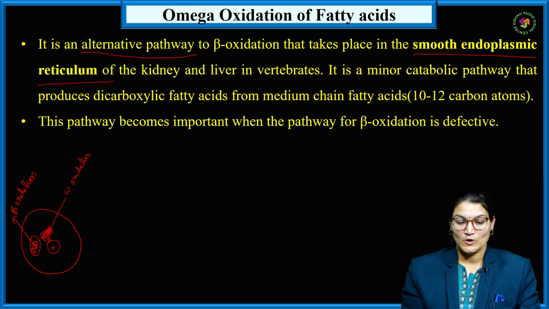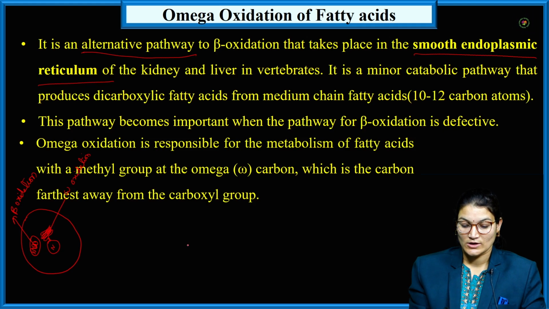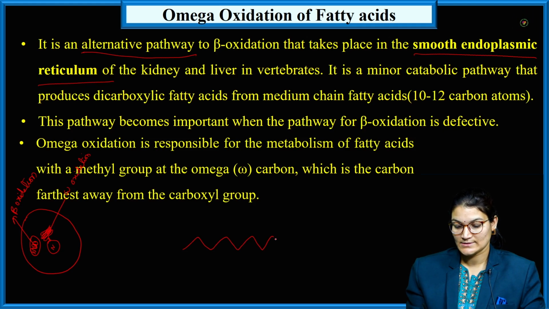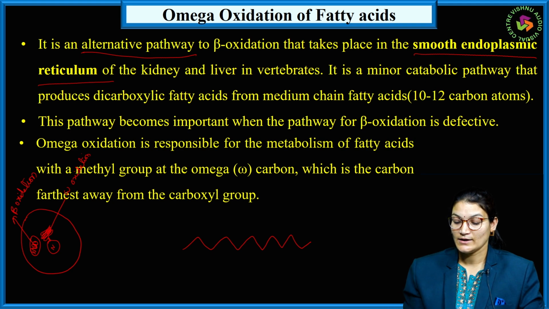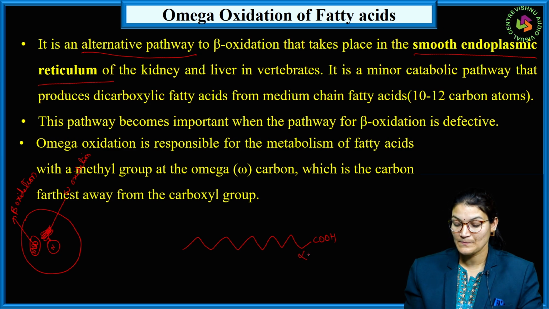In this process of omega oxidation, as we know, a fatty acid contains more than 10 carbon atoms in its structure, and a carboxylic group at one end. The carbon adjacent to the carboxylic group is called the alpha carbon atom, and the carbon adjacent to the alpha carbon atom is called the beta carbon atom. Oxidation at this place is called the beta oxidation process.